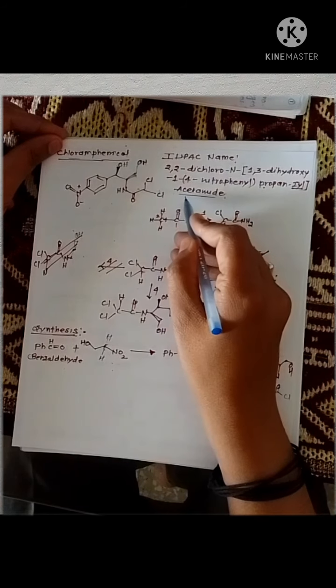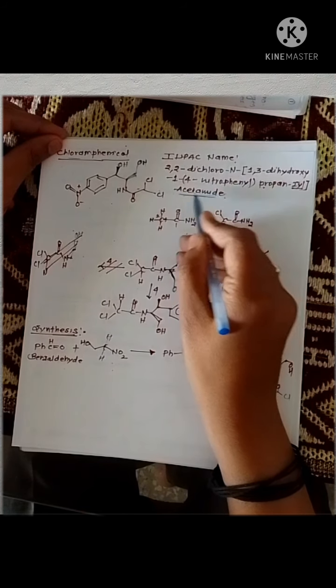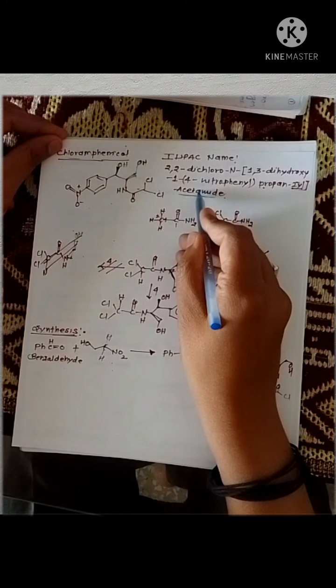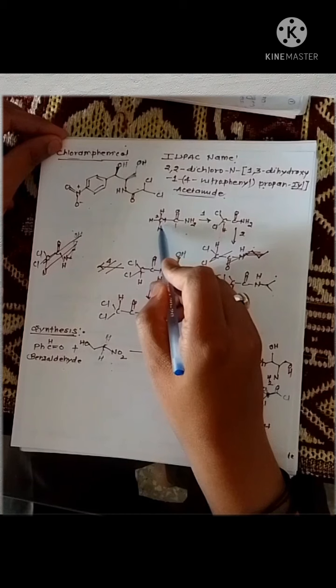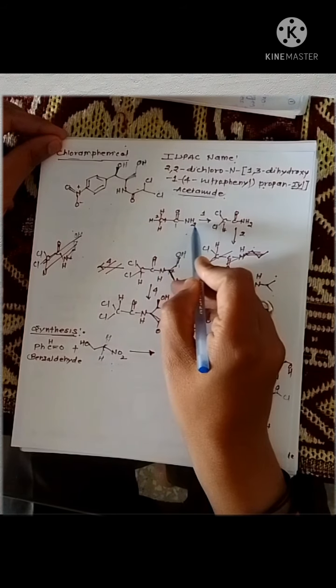First of all, see, it is a derivative of acetamide, so we first have to write the structure of acetamide. This is the structure of acetamide: CH3, C double bond O, NH2.